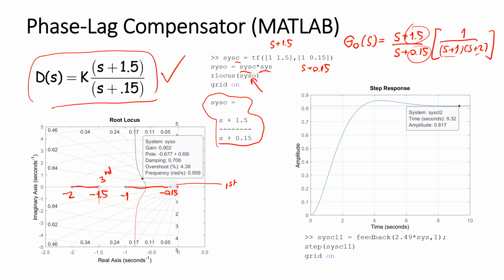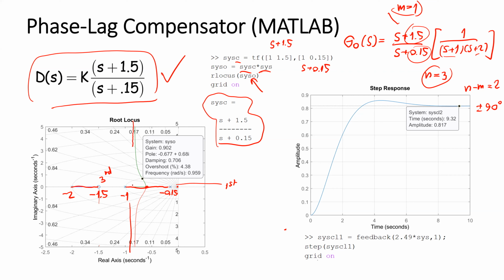And we have 1 zero and we have 3 poles. So the asymptote is going to be plus and minus 90 degrees.